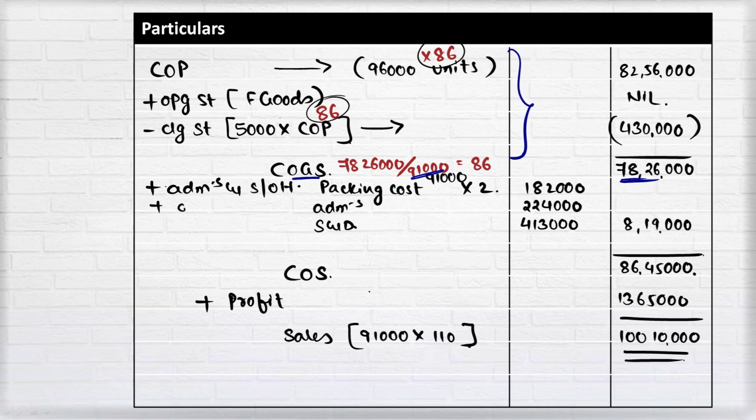If this question had an opening stock, say valued at 81, believe me, this problem would not be solvable. Because production is valued at 86, opening stock is valued at 81, closing stock is valued at 86. So COGS is valued at, you don't know. You will have to find out the weighted average, right? But if COP is valued at 86, closing stock is valued at 86, and there is no opening stock, then COGS is also valued at 86.